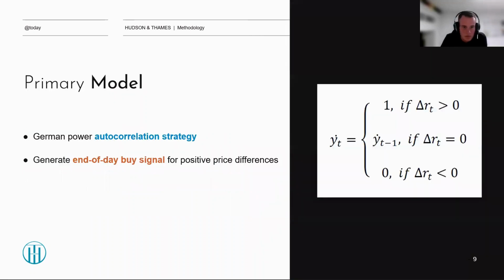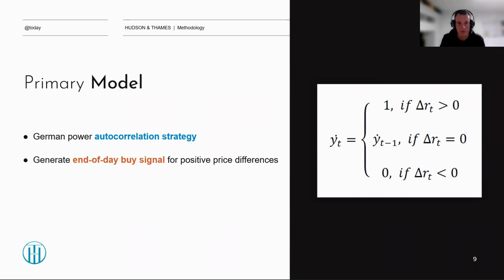Then I move on to the primary model. The primary model was based on the German power autocorrelation strategy that was introduced by Narro and Kamanos. It generates an end of day buy signal with a restriction of long only.